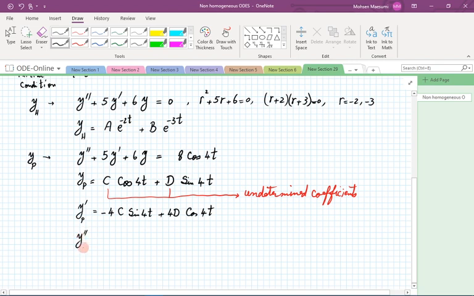So y double prime p, so I'm taking the second derivative, or the derivative of that one. Another factor of 4 comes out, so it becomes minus 16c cosine of 4t, and then a factor of 4 comes out also, a minus 16d sine of 4t. Quickly check that this is a multiple of what you had to start with, and that multiple is minus the square of the frequency you have.